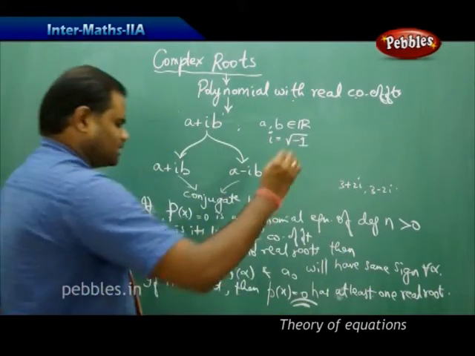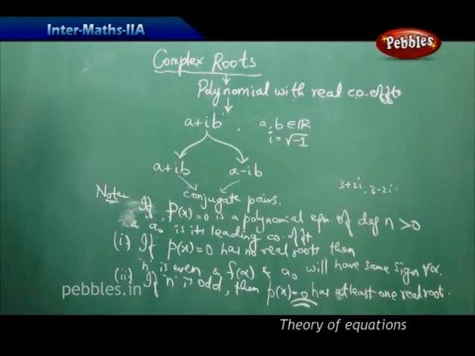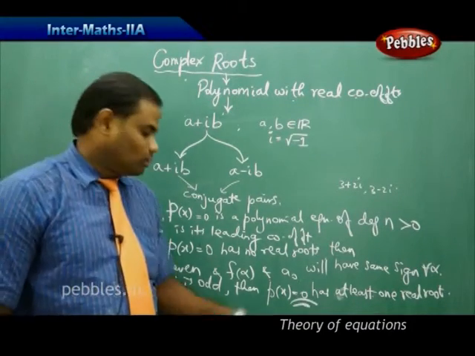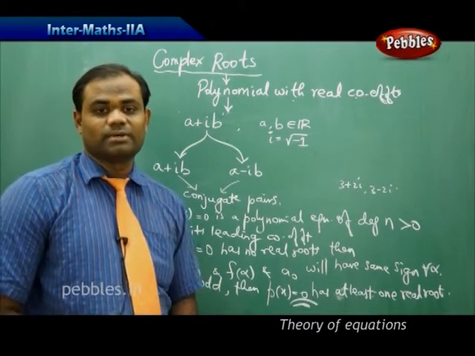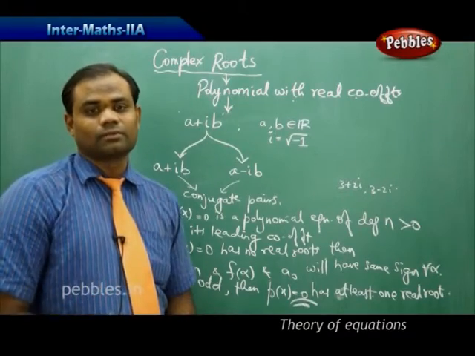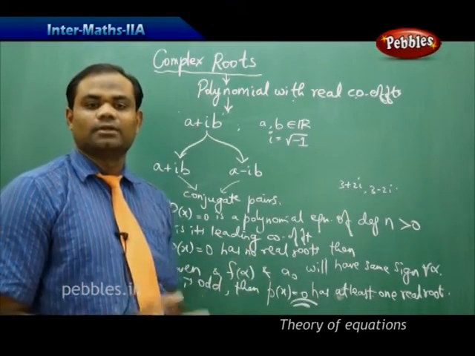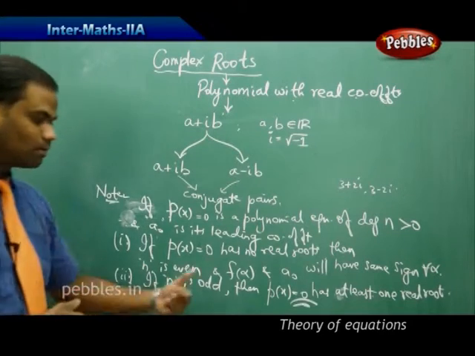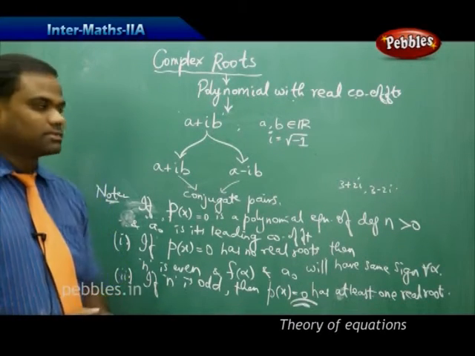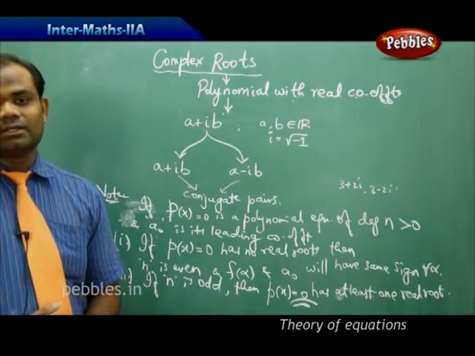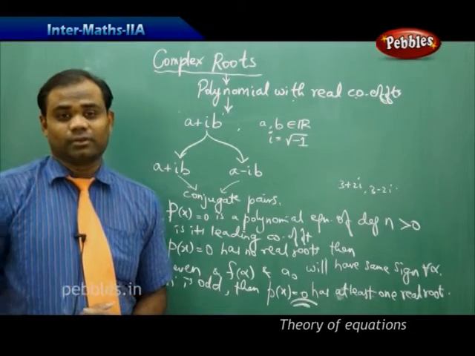That is, for n being odd, the polynomial equation p of x equal to 0 must have at least one real root. No real roots, n is even. At least one real root, n is odd. These are the two basic properties which we identify in the roots of the polynomial equation.